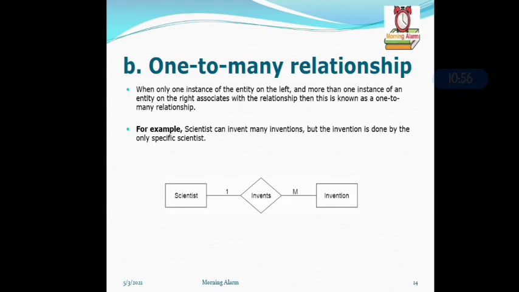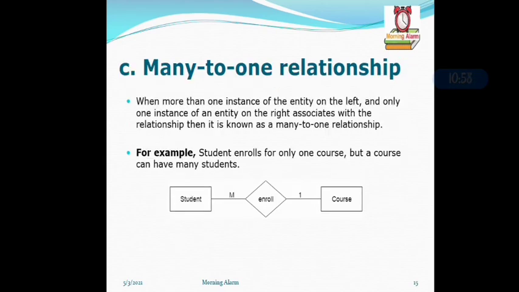Next one we have is many-to-one relationship. When more than one instance of an entity on the left and only one instance of an entity on the right associates with the relationship, then it is known as many-to-one relationship. For example, a student enrolls for only one course, but a course can have many students.